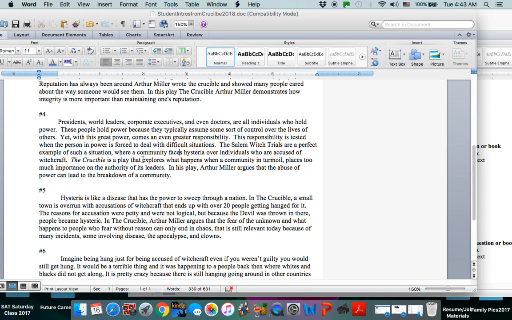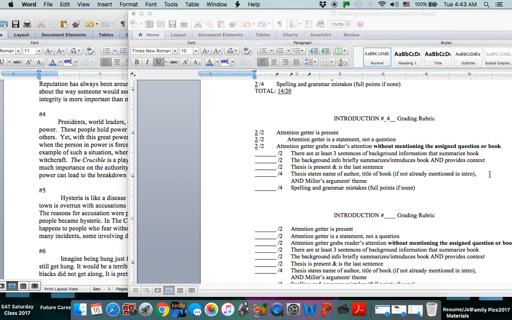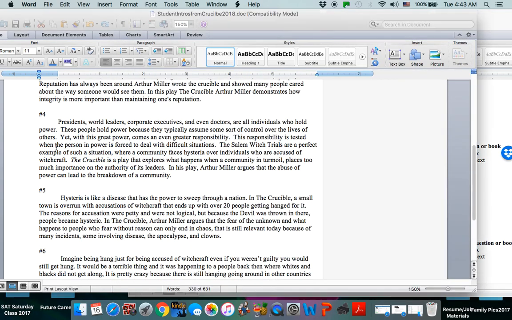The Crucible is a play that explores what happens when a community in turmoil places too much importance on the authority of its leaders. In his play, Arthur Miller argues that the abuse of power can lead to the breakdown of a community." Whoa, dude, that's almost perfect. Okay, so do we have 3 sentences of background information? Okay, count them up.